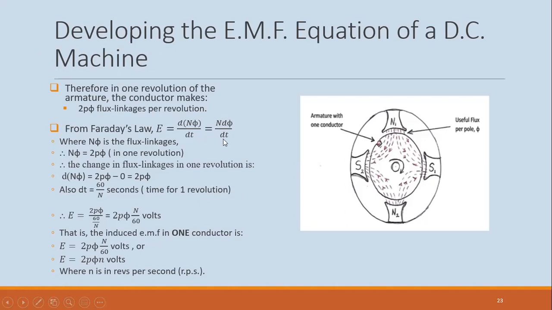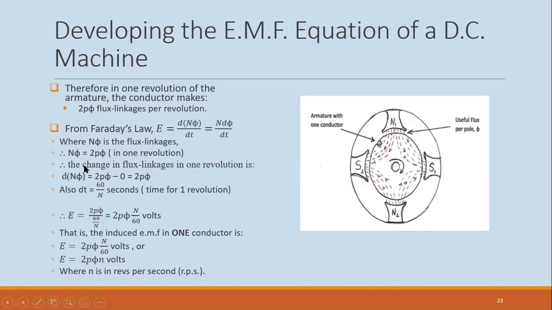So N d phi by dt. And remember, N phi is the flux linkage. So if we relate what we have to the machine, N phi would be equivalent to 2p phi. And remember, 2p, the small p now, is the pairs of poles. So 2p phi flux linkages in one revolution.